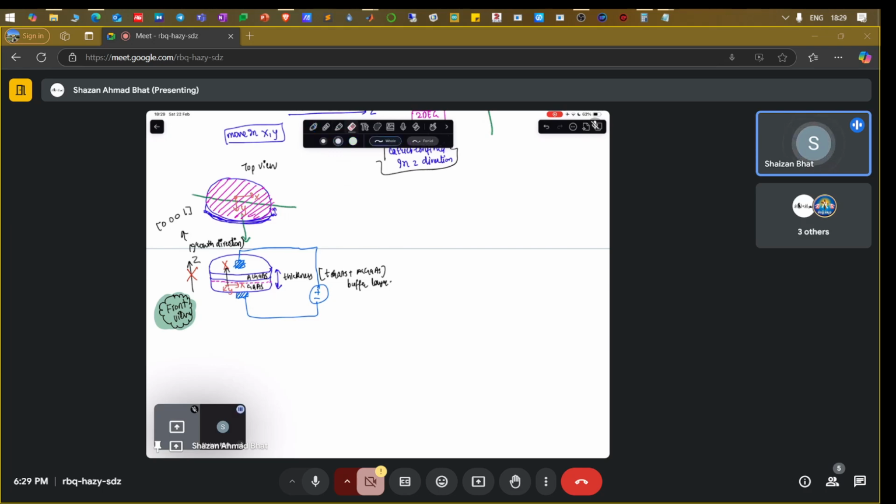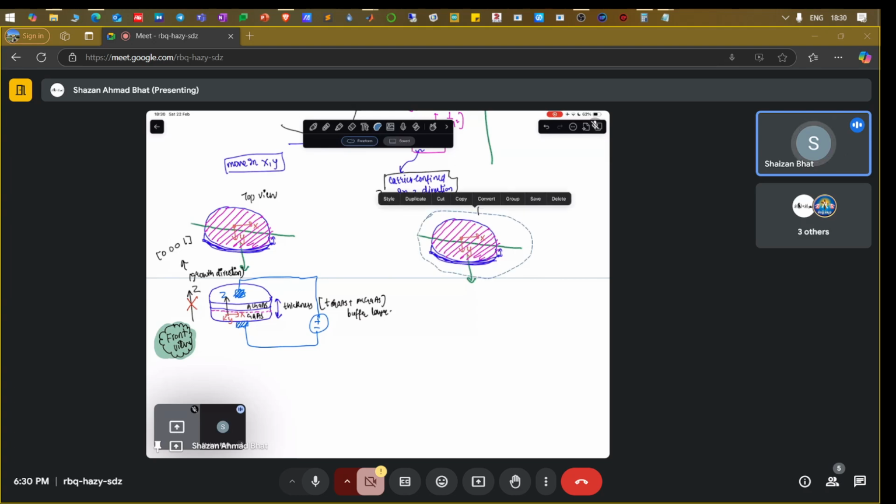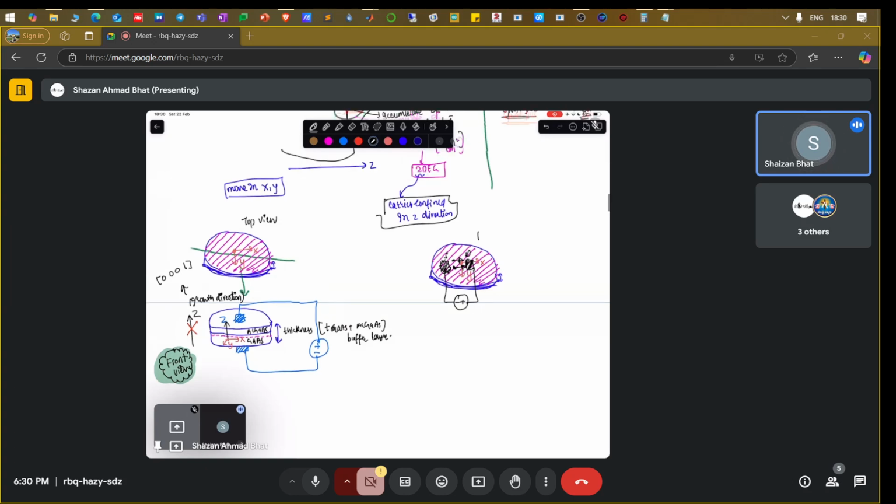On the other hand, if you take this particular wafer, duplicate it, and make a contact here, which is the source, and a contact here, which is the drain, and connect some potential, you will see there will be a current flow because the electrons are now going to flow. That is the basic fundamental of how these devices work.